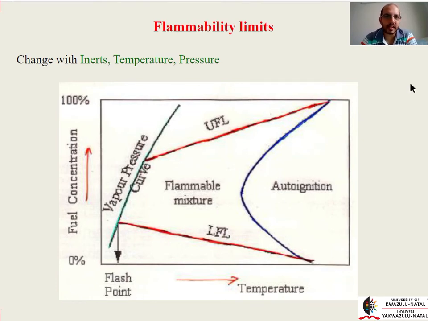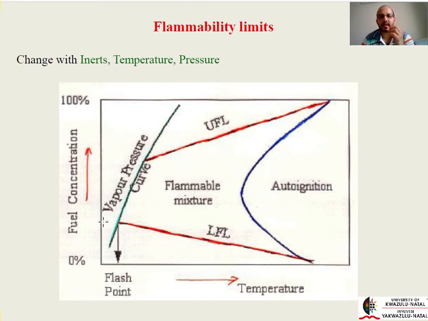Just to begin, this is the first slide of your lecture, and what we have here is a diagram illustrating flammability limits. So what actually makes a compound burn? What makes it combust? What makes it catch fire? The first thing you need to realize is that when something burns, it's actually the gaseous phase of that compound that burns first.